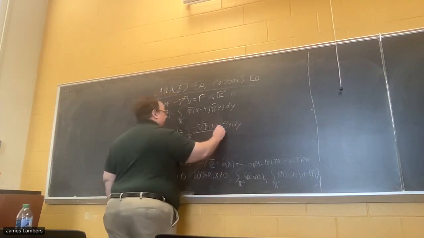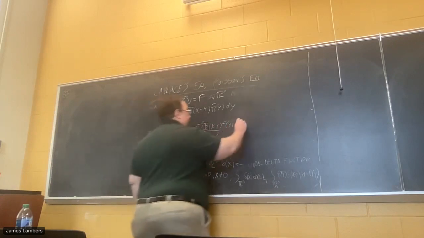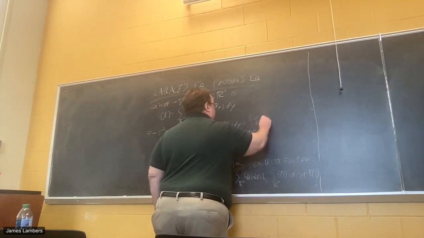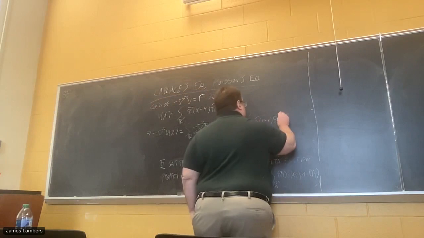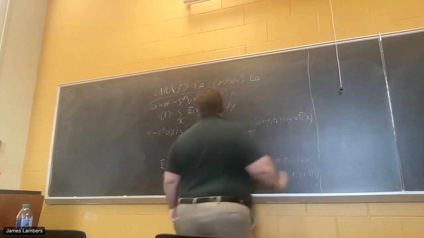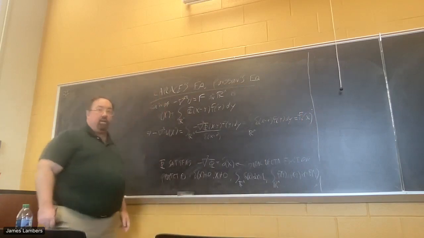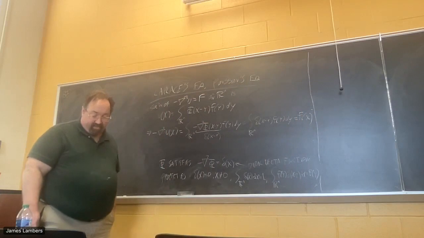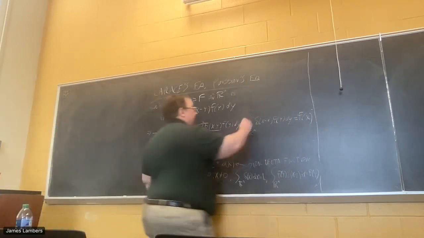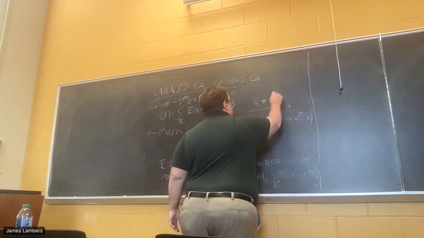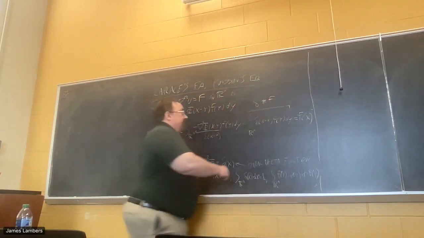But this is the delta function of x minus y. So it amounts to a convolution, and that gives me f of x, which is what I would expect. That minus Laplacian of u equals f. And this can be written as delta convolution with f, convolution of the two.